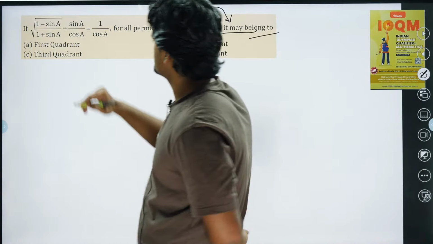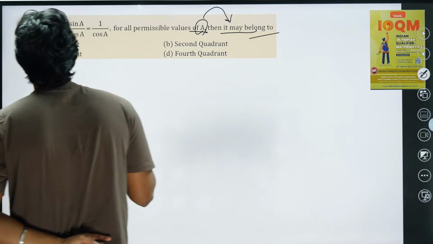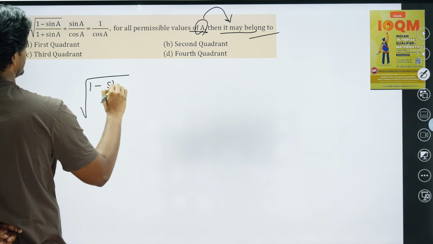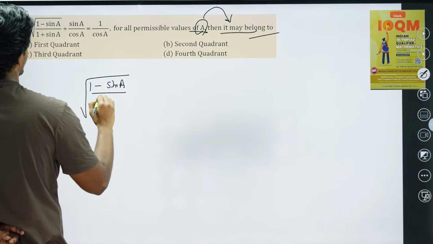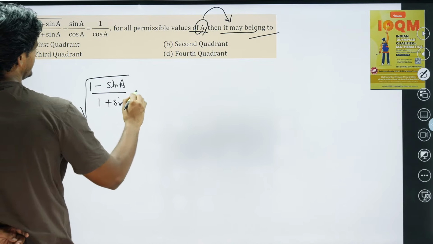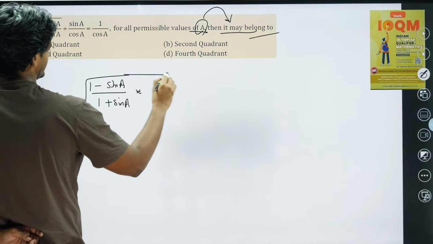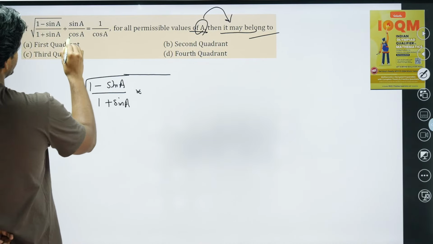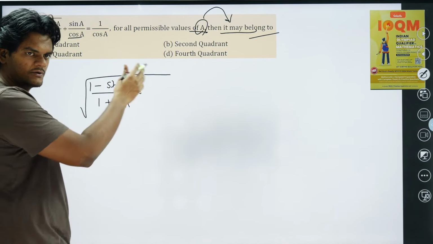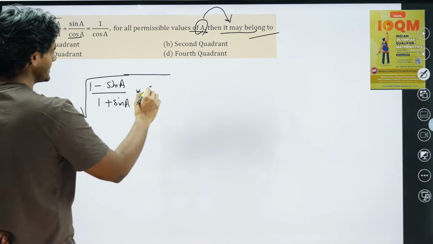So you see this expression, let me first try to simplify it. What is this? Square root of 1 minus sine A by 1 plus sine A. I want cos A in the denominator, so I can make it cos square A, square root of cos square A. How do I make that?